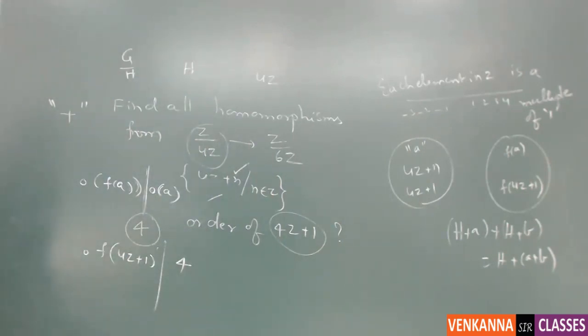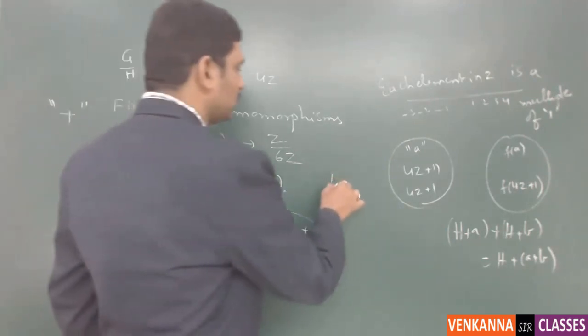Another thing is, from this perspective, what could be the divisors of 4 here? 1, 2, and 4. Right? So here we consider the values only 1 and 2, but not 4.